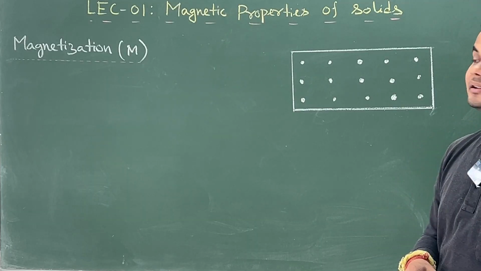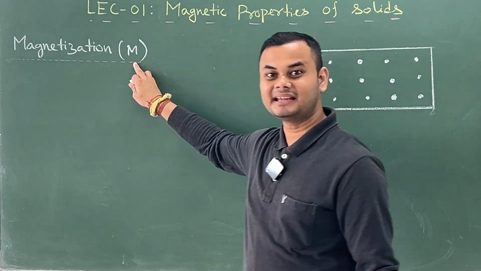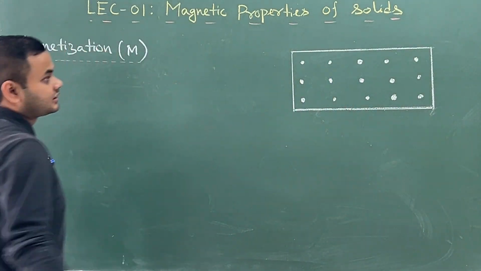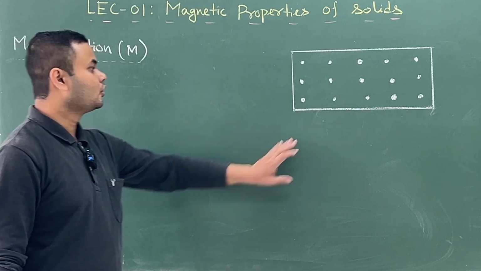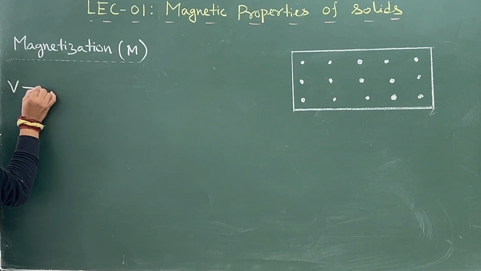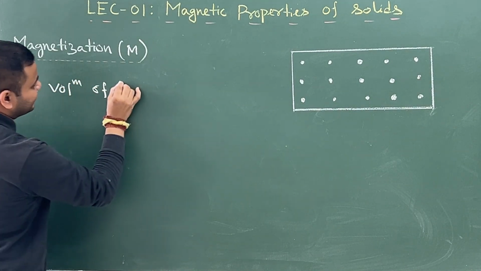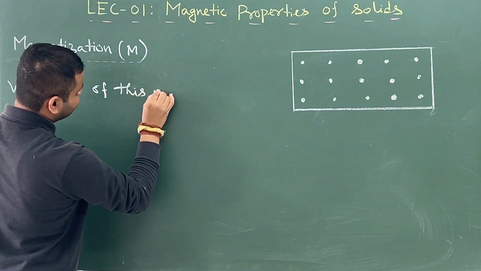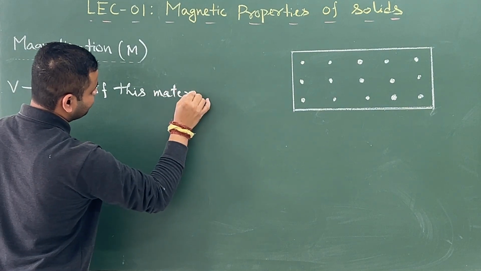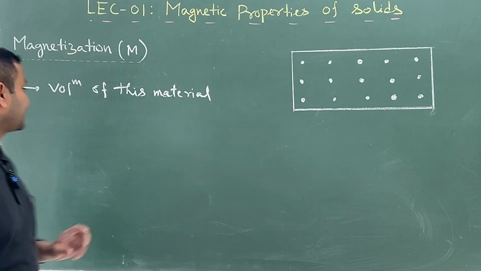Okay? Next, let me define the term magnetization. It is denoted by capital letter M. Suppose we have a material whose volume is V. So here V means volume of this material, and we assume that this material contains n number of atoms.